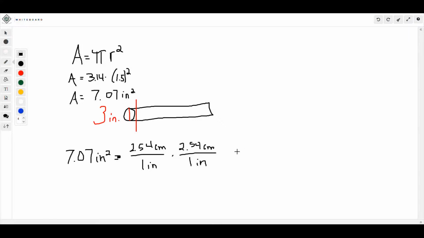Okay, so since we want millimeters, let's go ahead and put that ratio. 10 millimeters to 1 centimeter. And we're going to do that twice, remember, because it's area and we're squaring it, which means it must be done twice. If it's not written already squared, then you have to do it yourself by doing it twice.